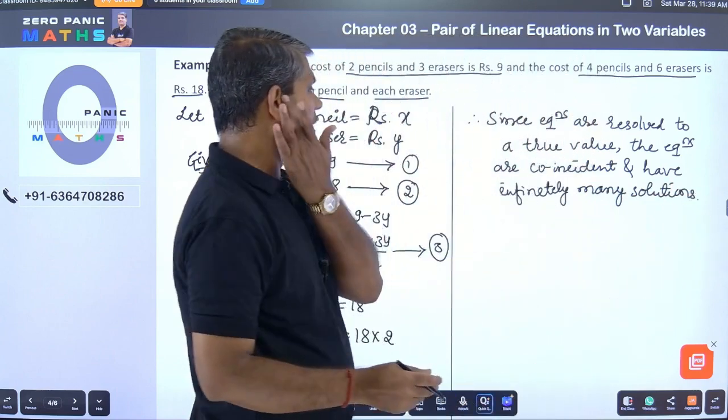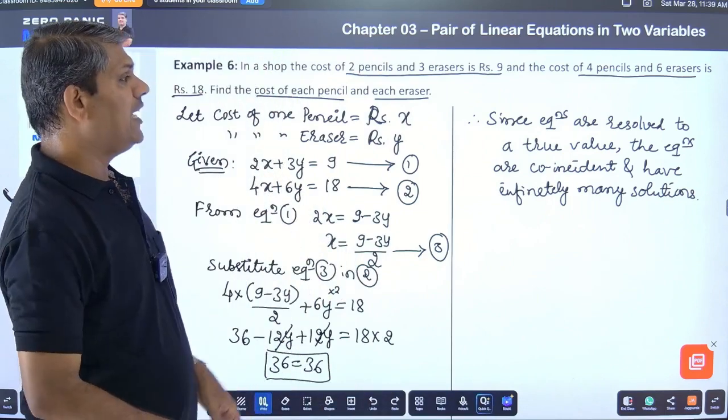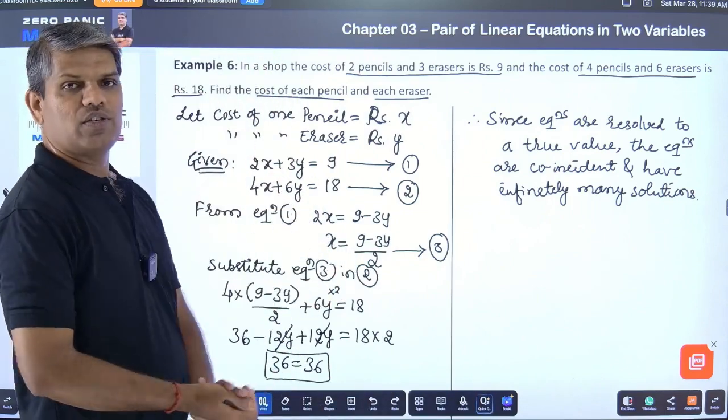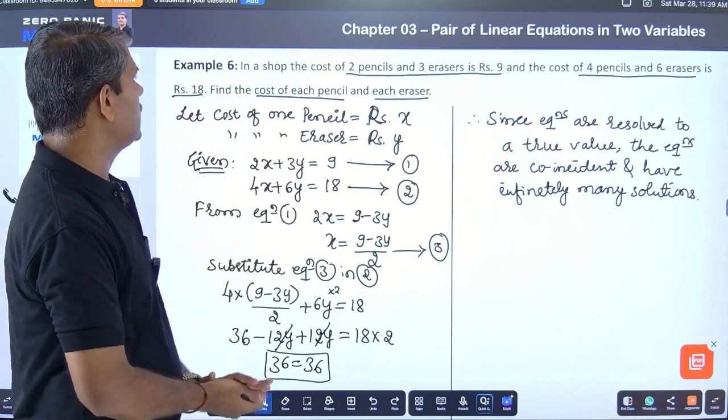So you are not going to get one exact value of x and y in such situations. So this is the solution for this problem.